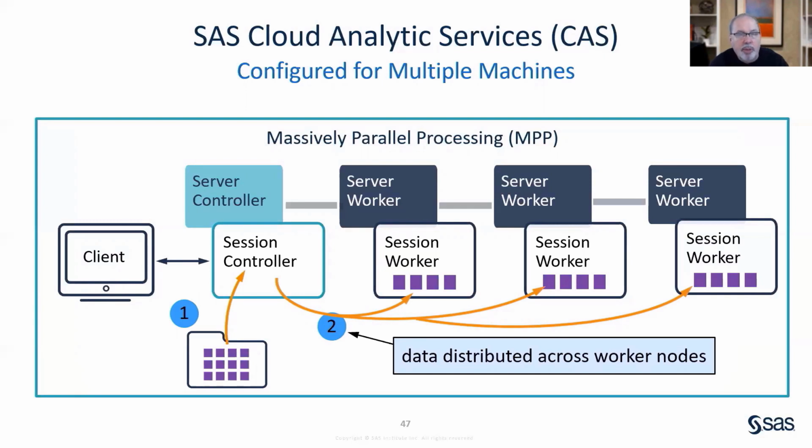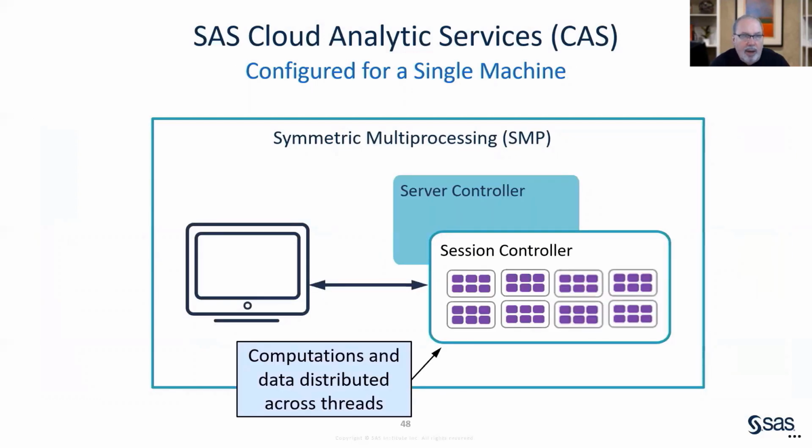In our case, we'll be using SAS Studio and proc DS2 to run DS2 code up on the SAS environment. From the client, we can load data into RAM from offline storage. If you load this from an external source, it's passed to the session controller, which distributes that data across the session workers.